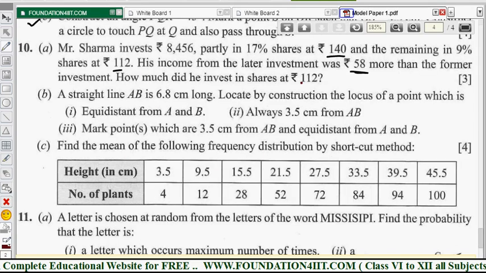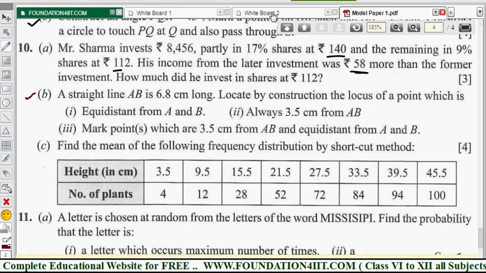You can see the next question. A straight line AB is 6.8 centimeters long. Locate by construction the locus of the point which is equidistant from A and B, and always 3.5 centimeters from AB, and mark the points S which are 3.5 centimeters from AB and equidistant from A and B. That means you should first take a straight line AB 6.8 centimeters long.